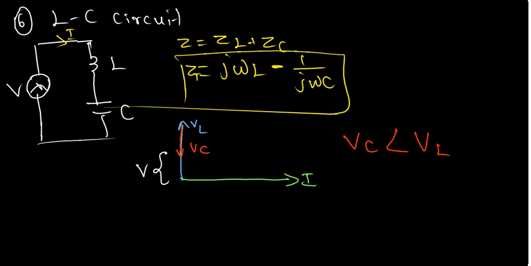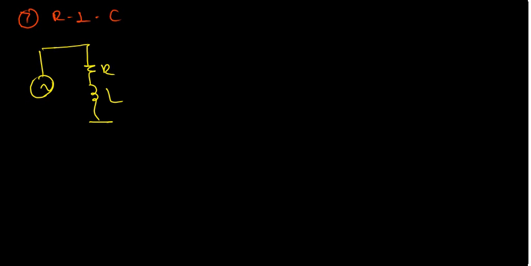The seventh one is the RLC circuit. How do we write this RLC circuit? There is an R, an L, and a C. So the total impedance comes from ZR plus ZL plus ZC.